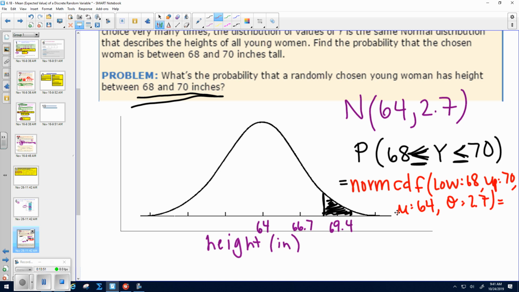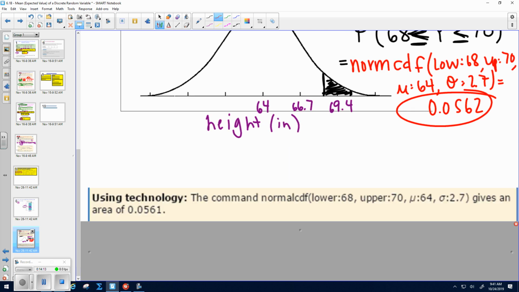You plug that in and you get 0.0562. So about 5.6% of women are between 68 and 70 inches tall. And if I choose a random one, that's the probability that I'm going to find one that's between 68 and 70 inches tall. Okay, so these should be fairly easy for you if you remember how to do them.